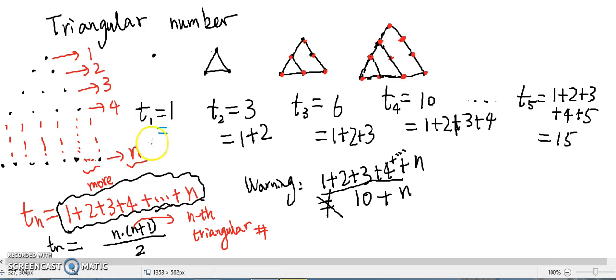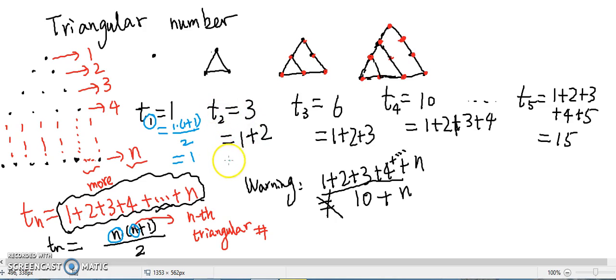If we don't draw the dots, the shape, we're just going to use the formula to generate that. Because the subscript is 1, I'm going to replace the letter n in the formula here with 1. So it's 1 times 1 plus 1 over 2. That can be simplified to 1, because 1 plus 1 is 2, 1 times 2 is 2, 2 divided by 2 is 1.